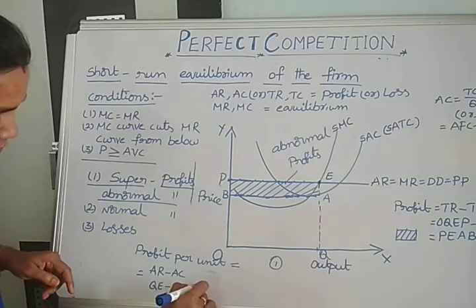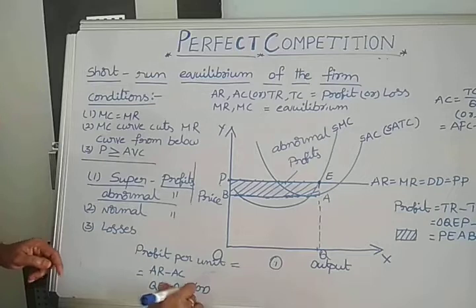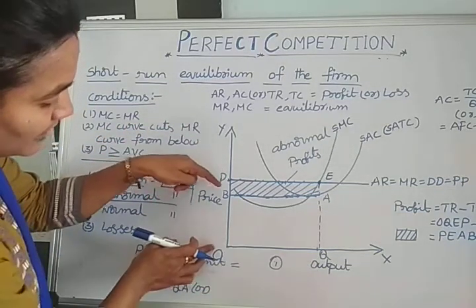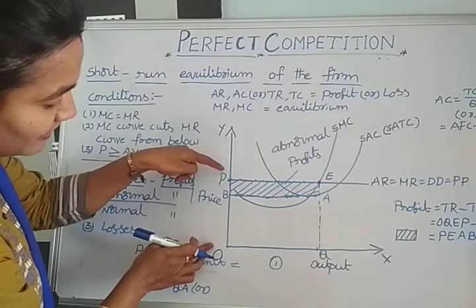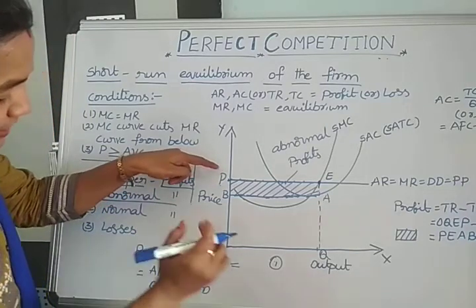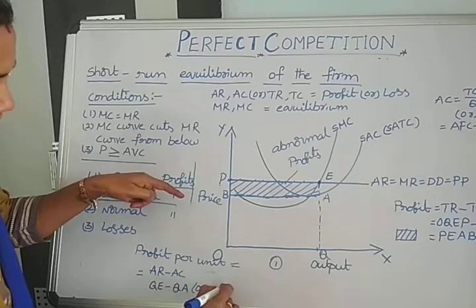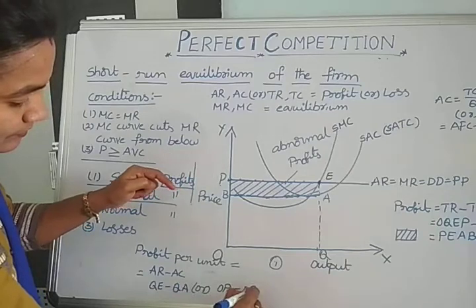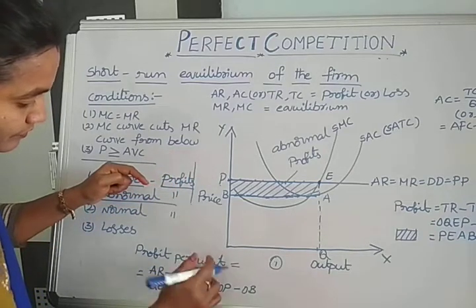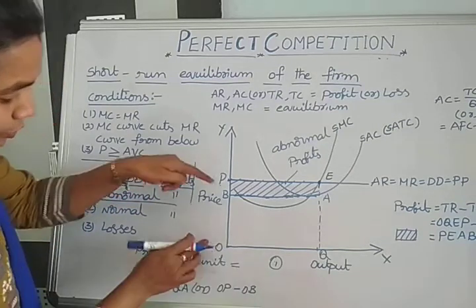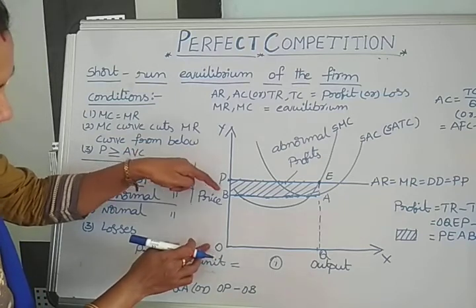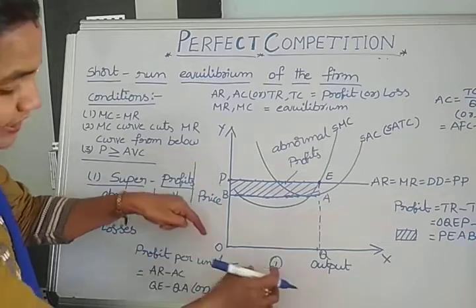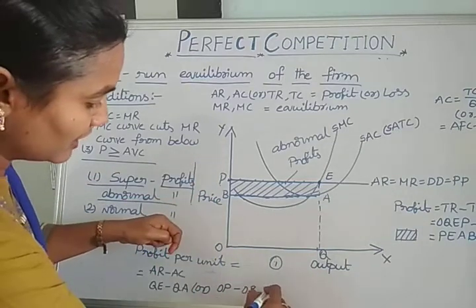We also have a chance to show it in another way. For producing one good, they are spending OB level of cost, and OP level of revenue they are receiving. So revenue is OP level, cost is OB level. Then what about the remaining part?